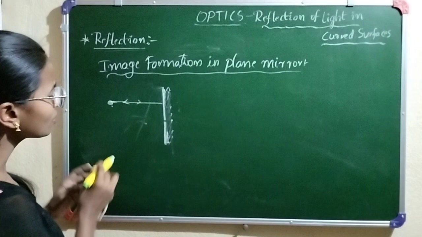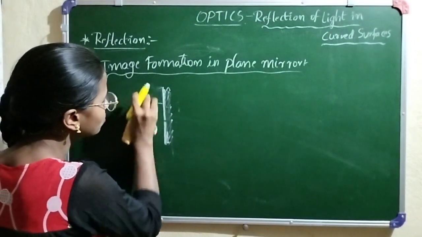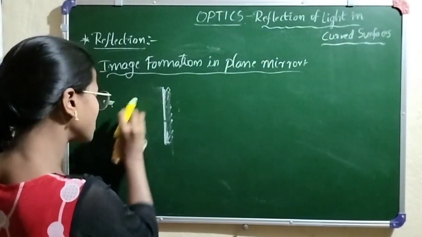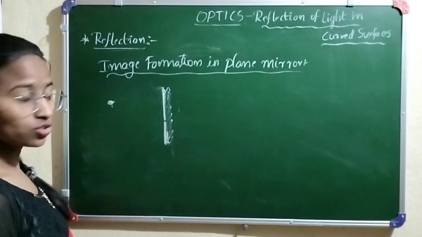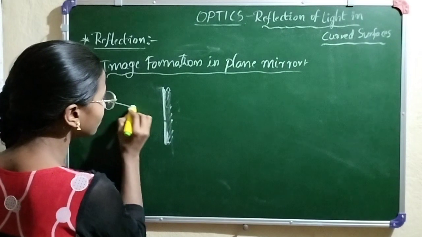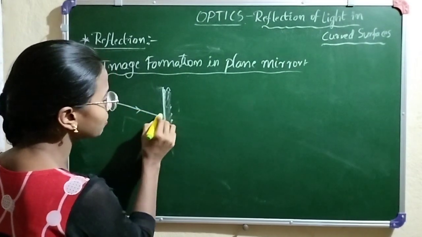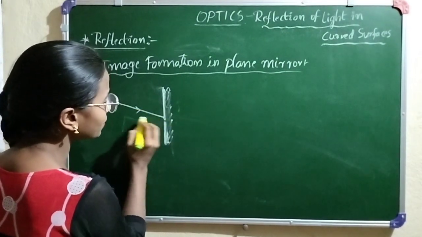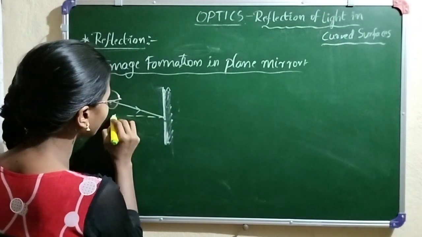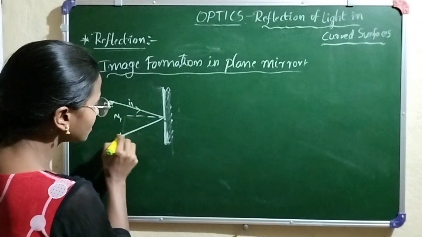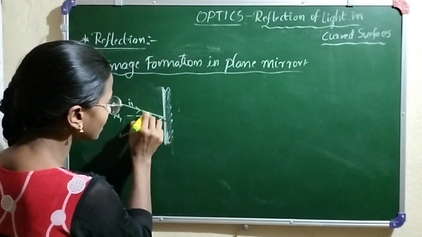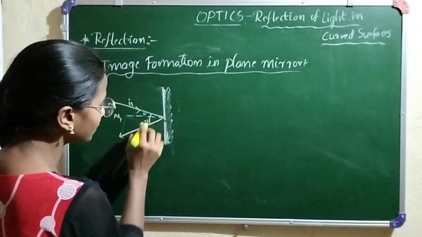That is the reason in the case of image formation by a plane mirror, they will not give the light ray straight. Now we'll see that one light ray is incident on a plane mirror like that. At the point of incidence, we draw one normal line. This is I1. Again it is reflecting. Here angle of I and angle of R will be there.